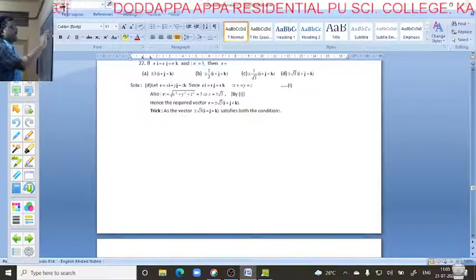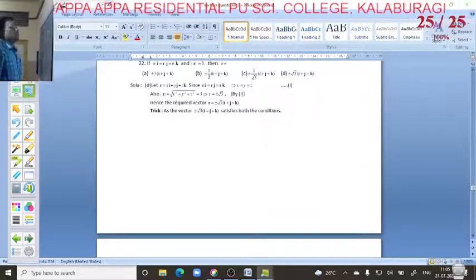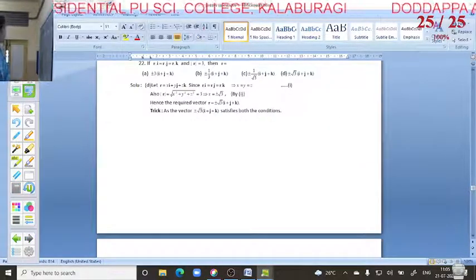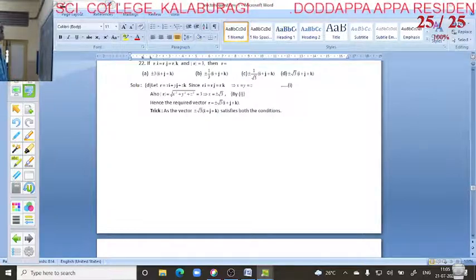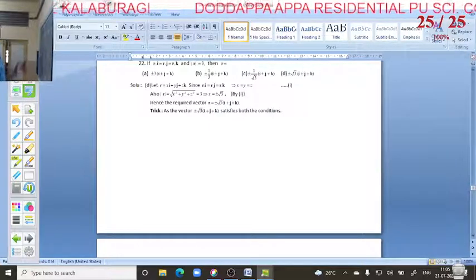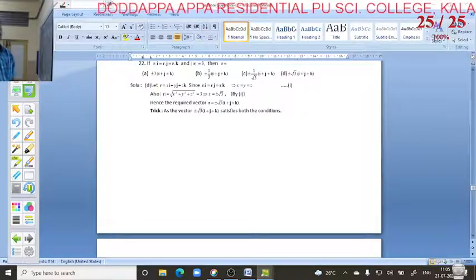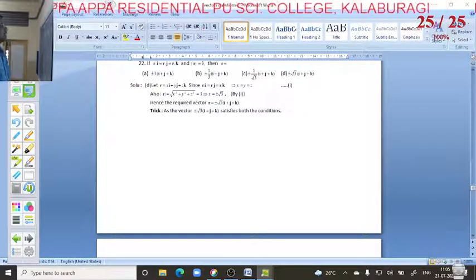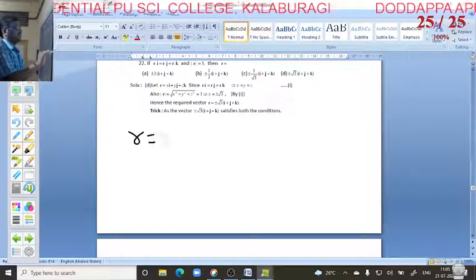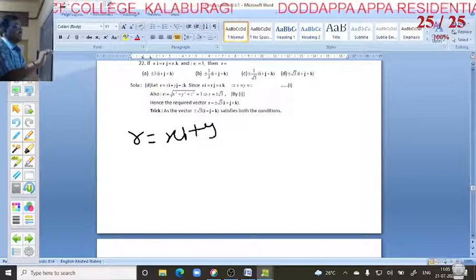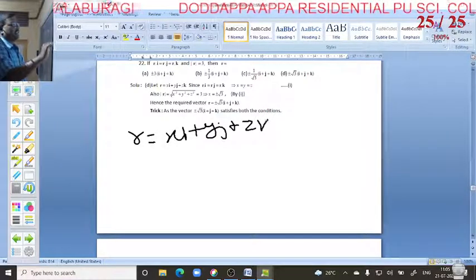Next, 22nd. If vector R dot I equals vector R dot J equals vector R dot K, and the magnitude of vector R equals root 3, then you have to find out vector R. First of all, consider vector R equal to xi plus yj plus zk.